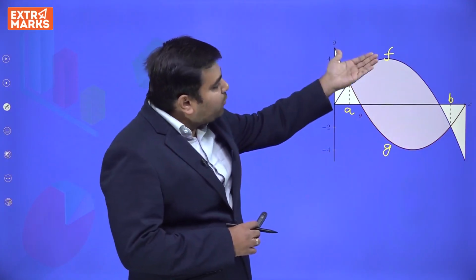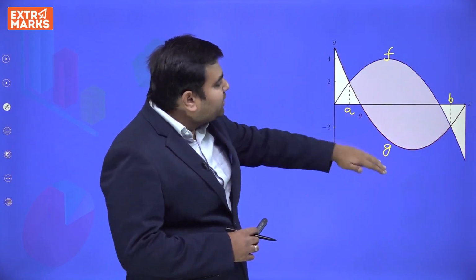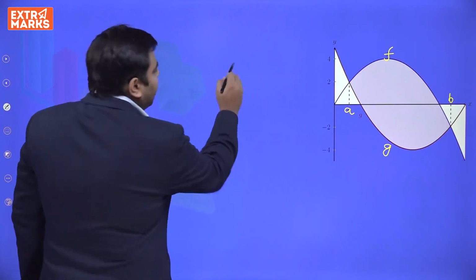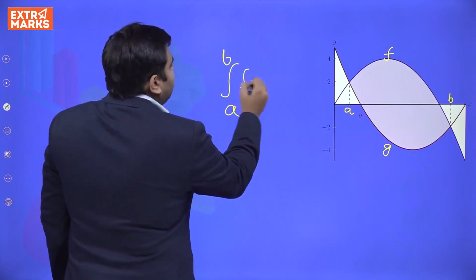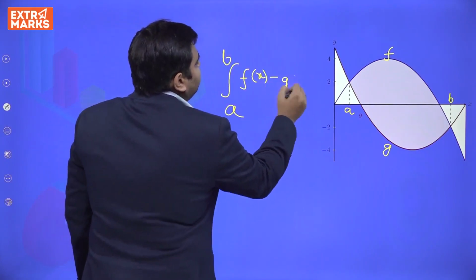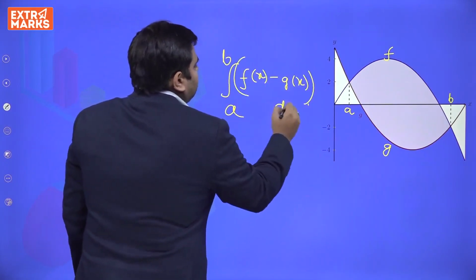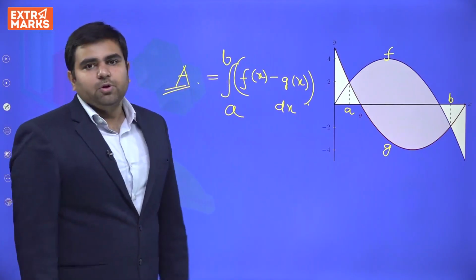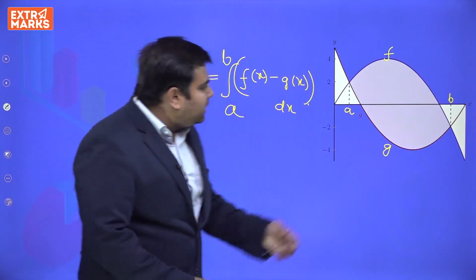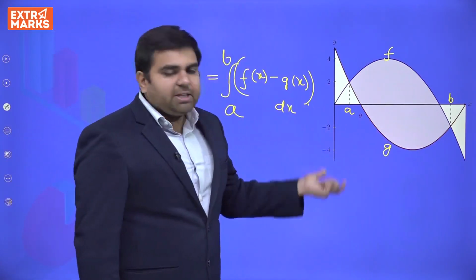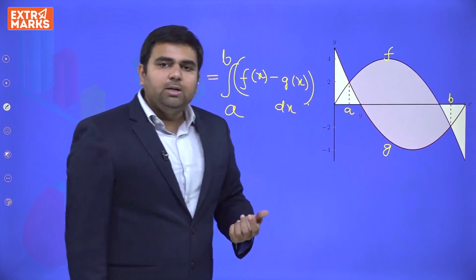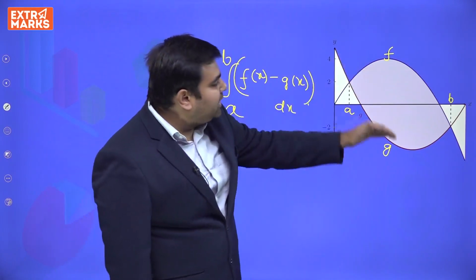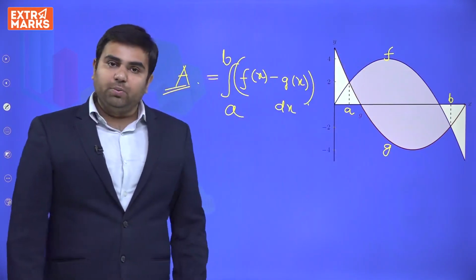Between a and b, f is always upwards and g is always downwards. So directly I can write the integral from a to b of f(x) minus g(x) dx as the expression for the area, which is the upper curve minus the lower curve.